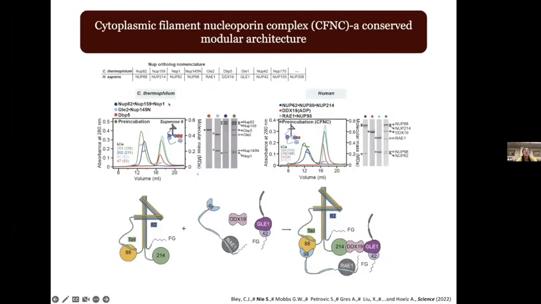We first used a bacterial two-hybrid interaction assay to analyze the interaction network between these nuclear pore proteins. We found that these 8 conserved proteins form a conserved module architecture.